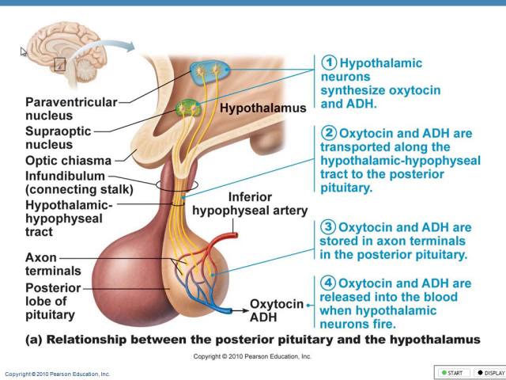Remember, hormones can slow things down, hormones can speed things up, or they can help work together to create what we call a synergistic relationship with other cells. So, permissive, synergism, or antagonism is also described in your textbook on page 598.